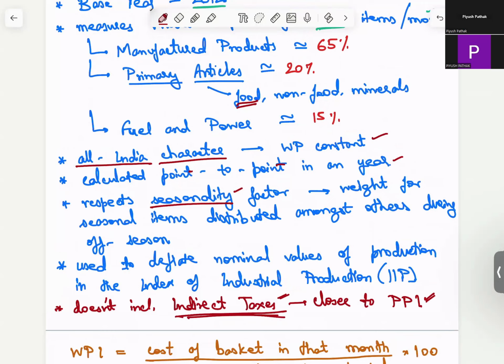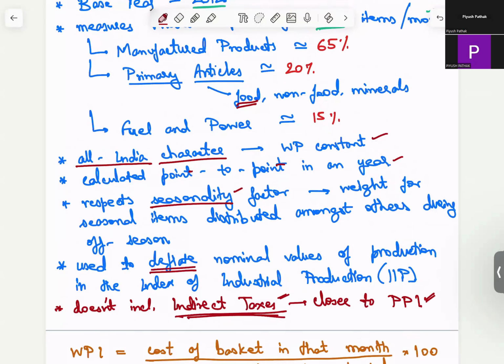So this weight would be evenly distributed amongst other things. Or if there is a particular fruit or vegetable which is available in October, then its weight would be transferred to that according to the magnitude of production. So hence it also takes into account seasonality, and this is used to deflate.